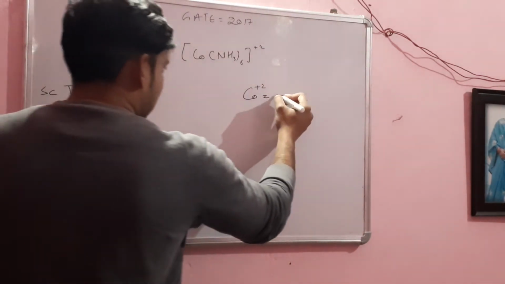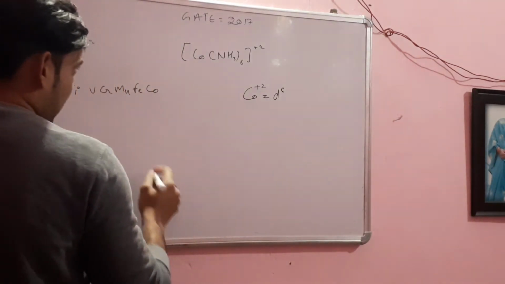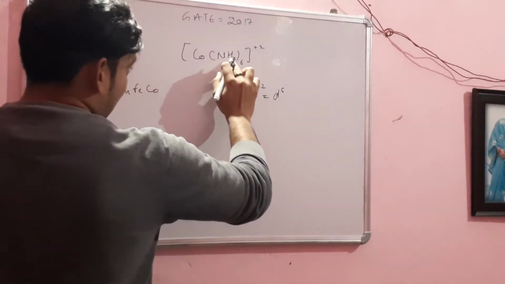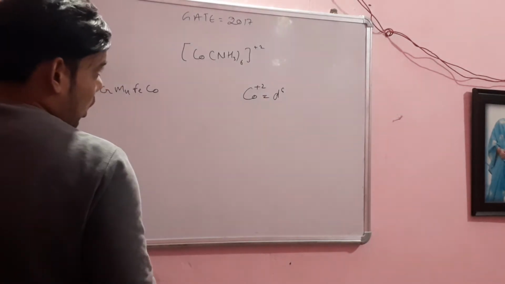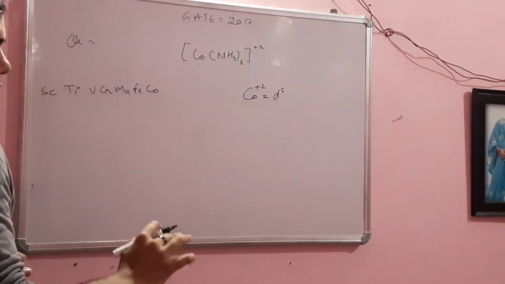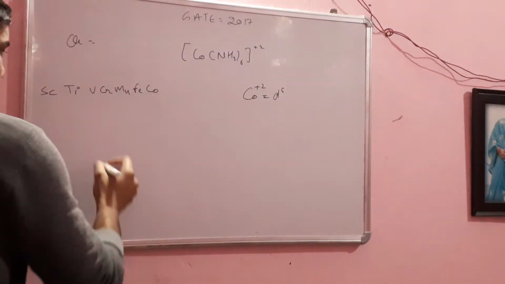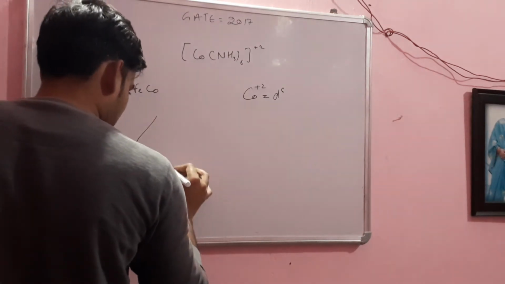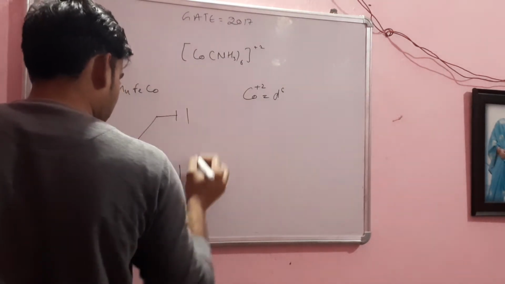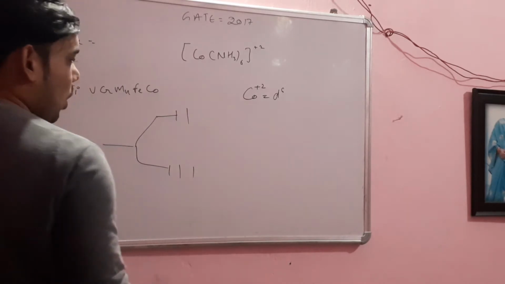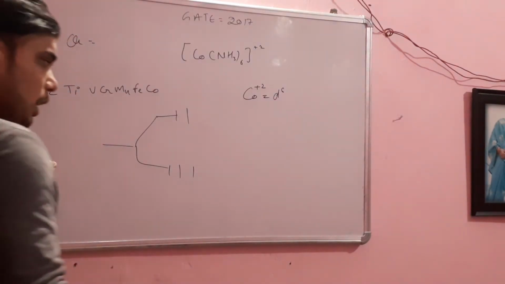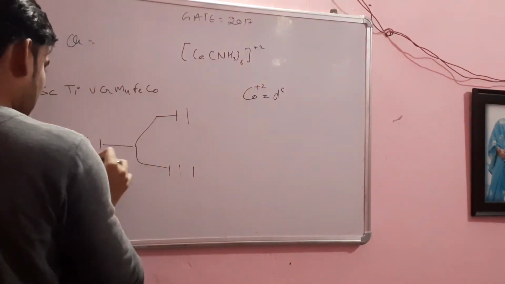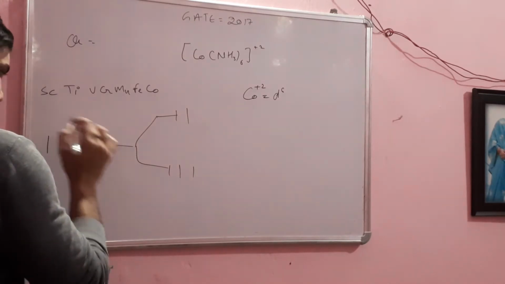So you have a d6 configuration here, and on the d6 configuration, ammonia with plus 2 charge on it will behave like a weak field ligand. So it will rearrange itself without any change. Okay, 1 2 3 4 and 5.